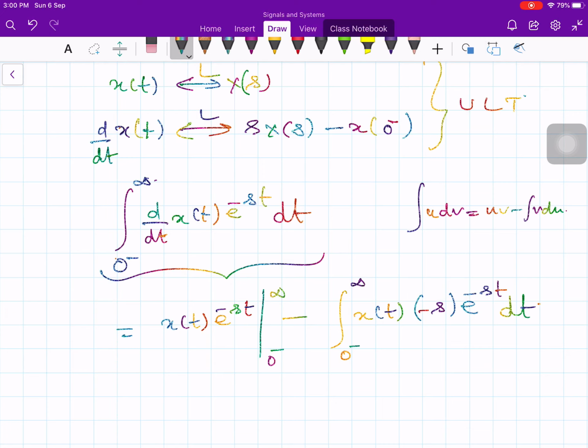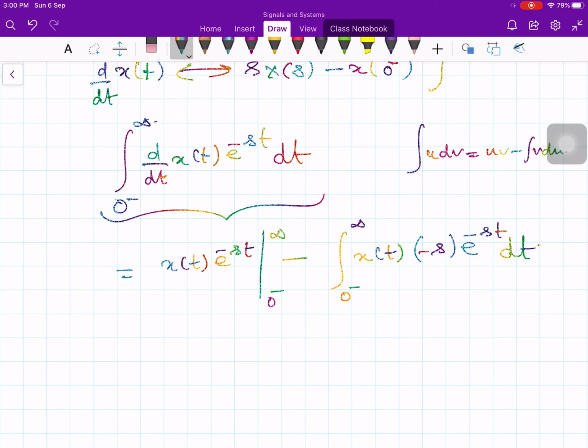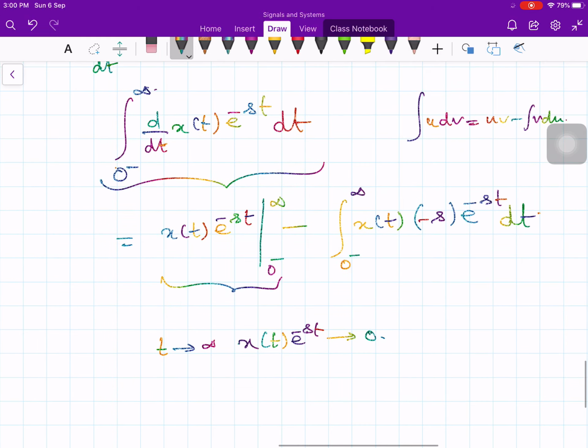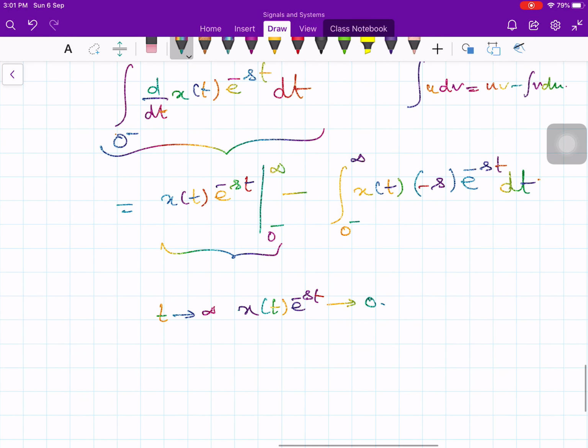When you substitute these two limits in the first expression, in the ROC, as t goes to infinity in the upper limit, x of t times e to the minus st goes to 0. Otherwise the Laplace transform does not exist. It should give a finite value, it should converge. That is the definition of the values of s that we take in the ROC. Therefore the limit as t goes to infinity of x of t times e to the minus st goes to 0.